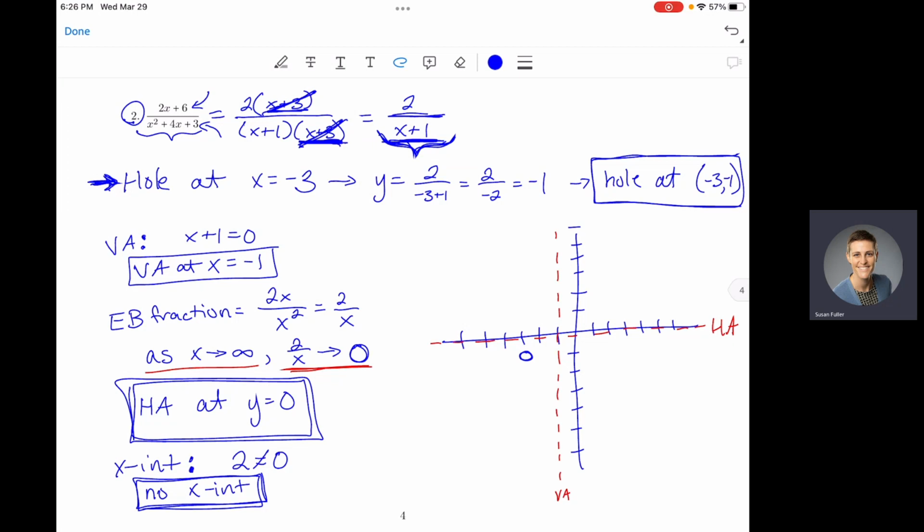Now, Alex is going to want you to have 2 points on either side of your vertical asymptotes. So our hole here counts as a point because our graph is going to have to go through that hole. And we need another point over here. So we're going to pick an x value to the left of our vertical asymptote. You can pick any x value you like.